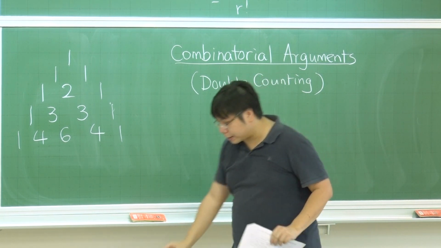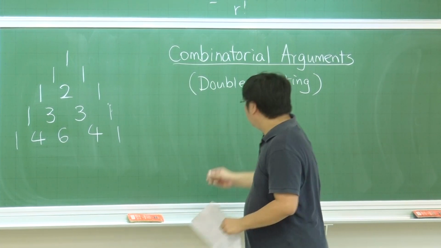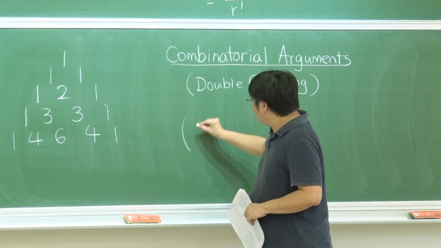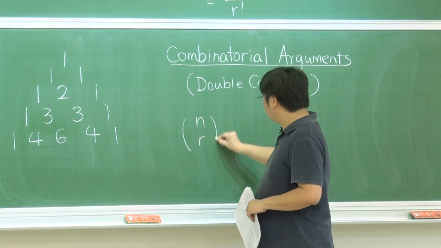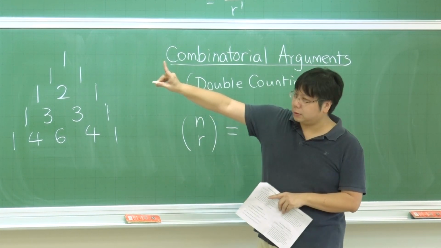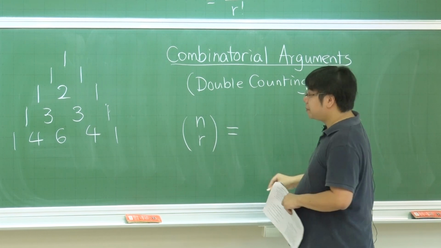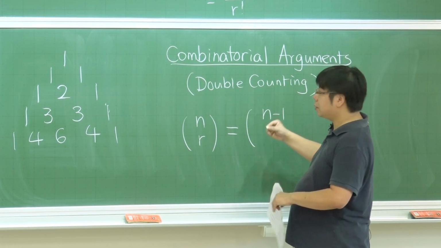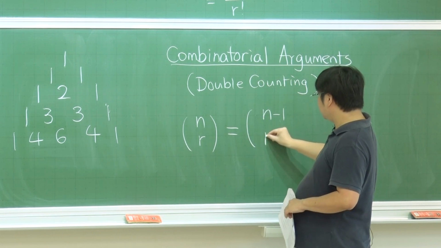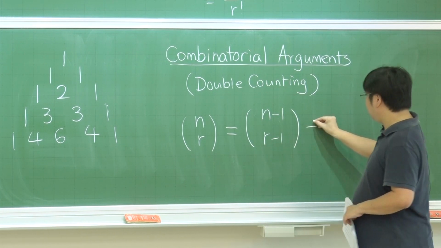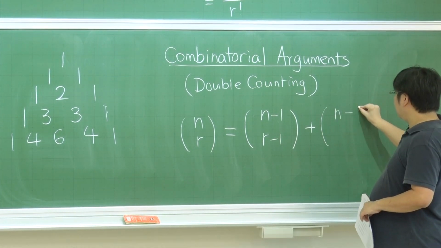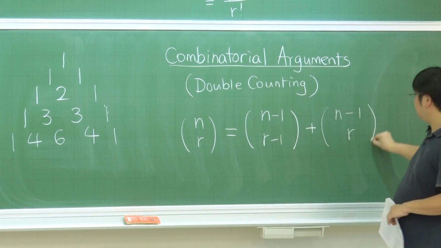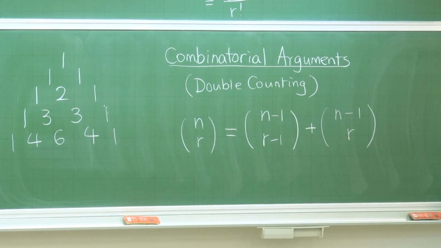So in general, n choose R is equal to that term plus that term. This is n minus 1, about the previous row, choose R minus 1, plus n minus 1 choose R. We are claiming a result like this.